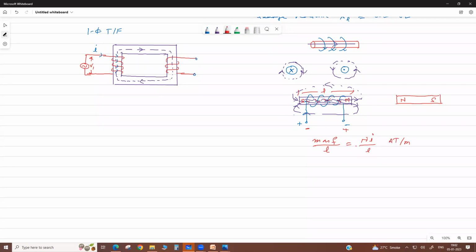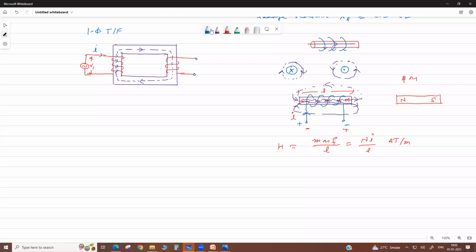This is your magnetic strength. By changing the number of turns or by changing the current, we can change the magnetic strength. But in a permanent magnet, it is fixed. So why do we use the electromagnet? Because we can change the strength and we can change the polarity.